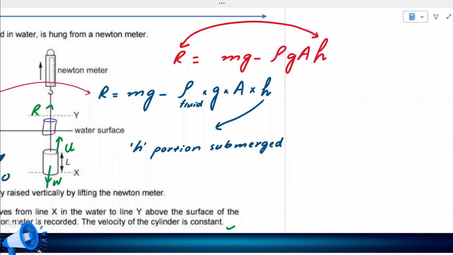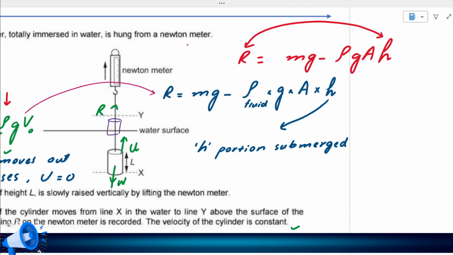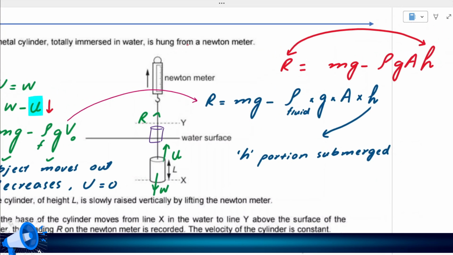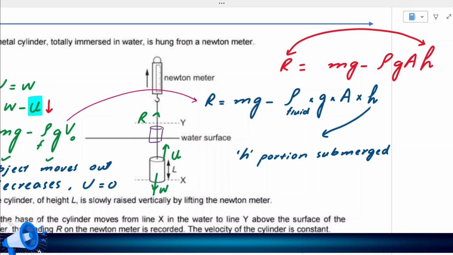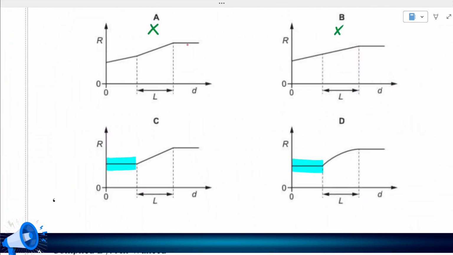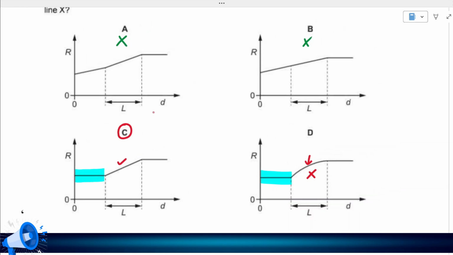It's a linear relation. There is no square, there's no square root in the expression. So the value of R would decrease as the value of h increases, but the value of R would increase linearly. So that's why D has problem in this portion, and hence C is the right answer.